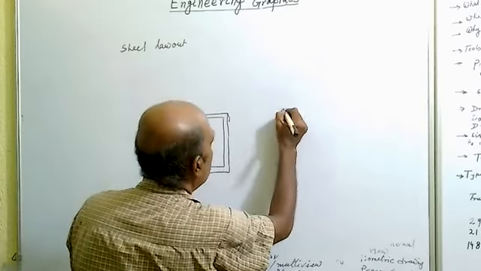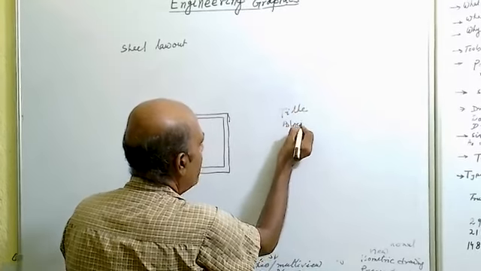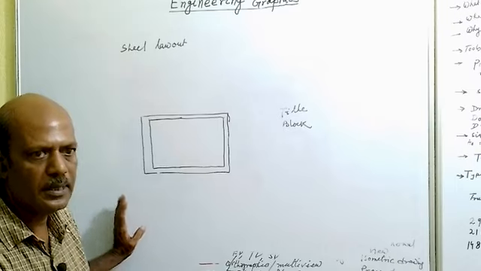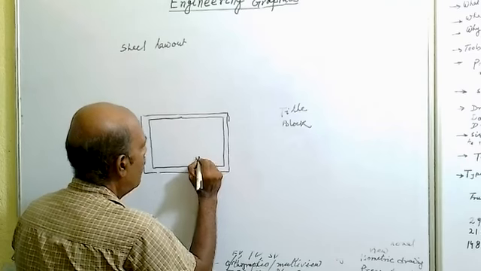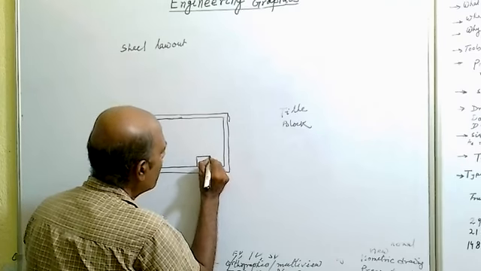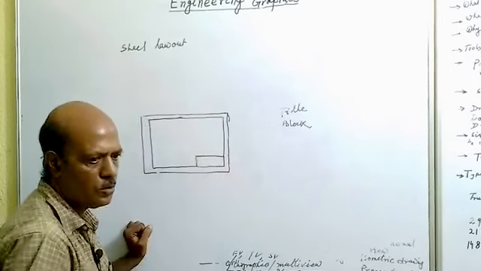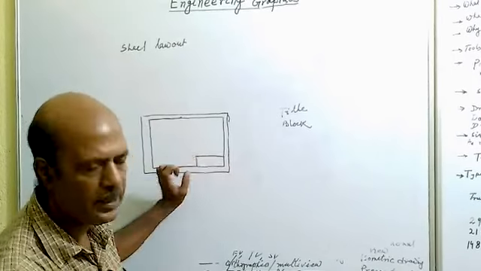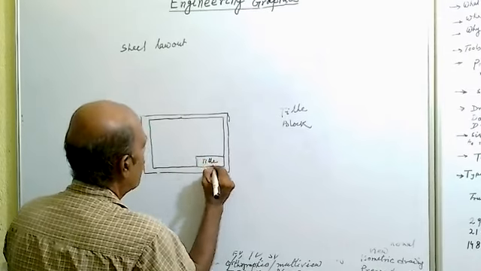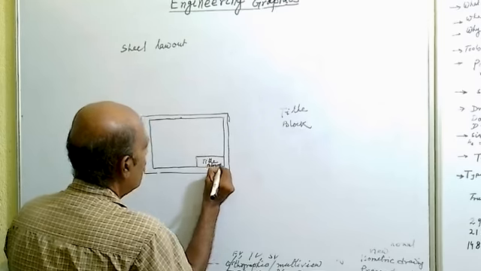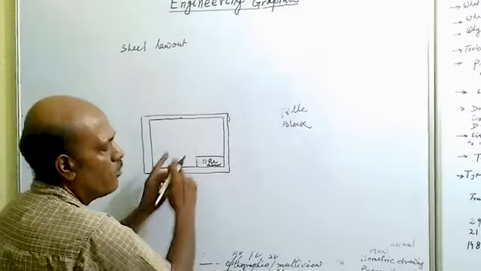Now we will place the title block. In every drawing sheet there will be a title block and the position of title block will be at the lower right hand corner. So this is the title block. This title block contains so much information related to drawing.